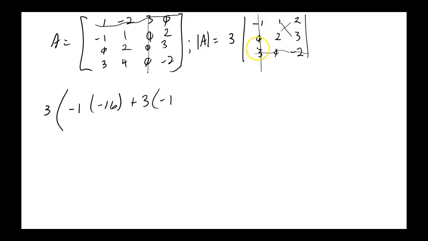Because it's a 3 minus 4 is negative 1. Okay, this is going to be 3 times a 16 minus 3, which is 3 times 13, which is 39. So there's the determinant of that huge matrix there, that 4 by 4, done relatively easily, right?